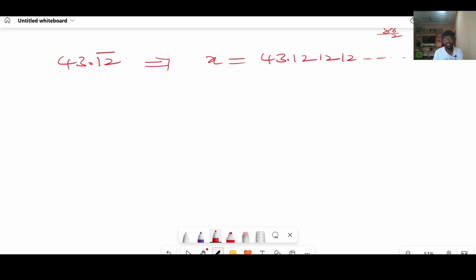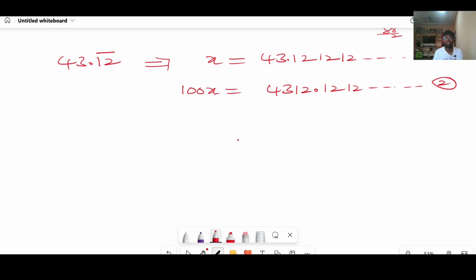Recurring means repeating, right? Let it be equation 1. How many digits are recurring here? 2, right? That is why I will multiply the equation by 100 on the left hand side and right hand side. This will become 4312.1212 and so on. I am treating this as equation 2.